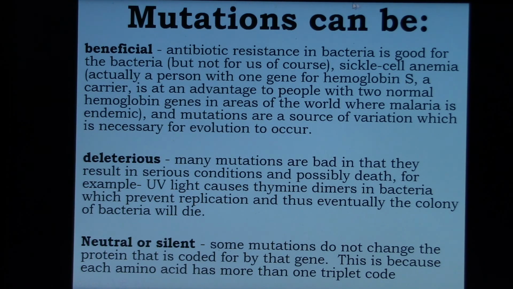A beneficial mutation, you might not think of hemoglobin S as a benefit, but for people who live where malaria is a problem, those that got the sickle cell hemoglobin from one parent but normal hemoglobin from the other are more likely to survive malaria.